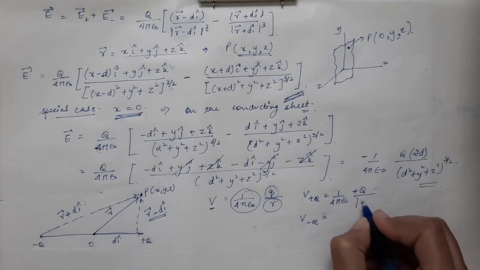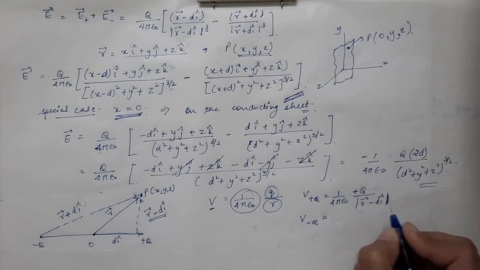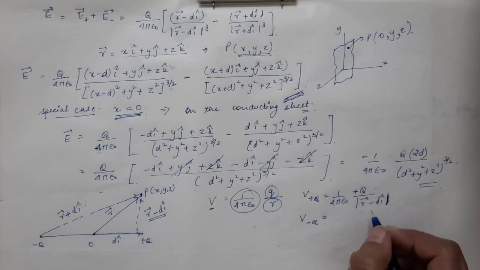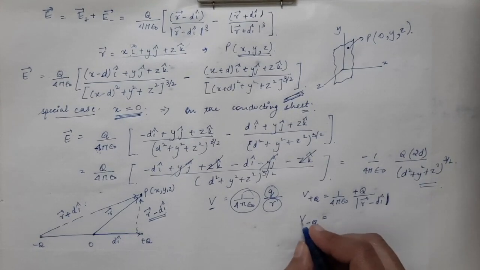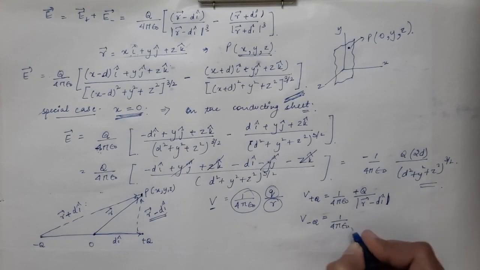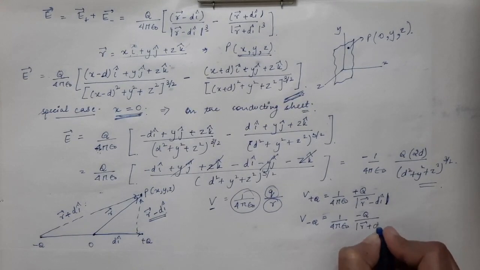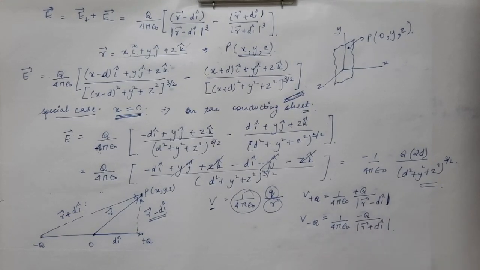So the magnitude of r vector minus d i cap will be written in the denominator. Similarly, the potential due to minus q charge will be written as 1 by 4 pi epsilon naught into minus q divided by the magnitude of r vector plus d i cap. So this is the potential due to minus q charge.